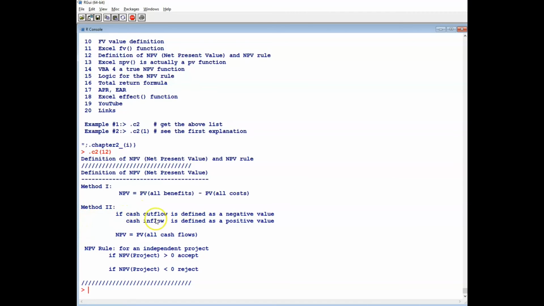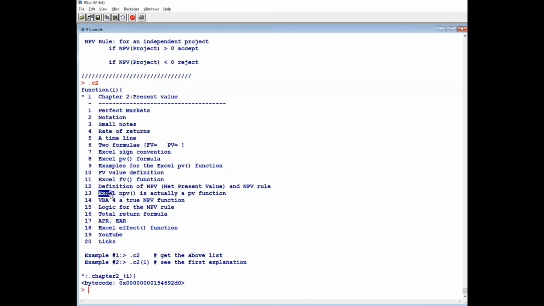The second method is, if we define cash outflow as negative and cash inflow as positive, then we can simplify our notation: NPV equals the summation of the present value of all the cash flows, including present cash flow and future cash flow.